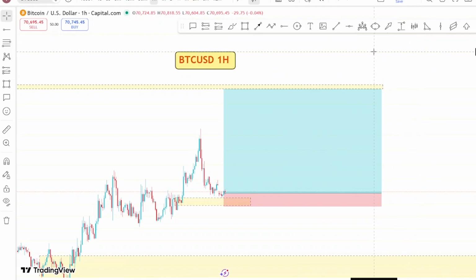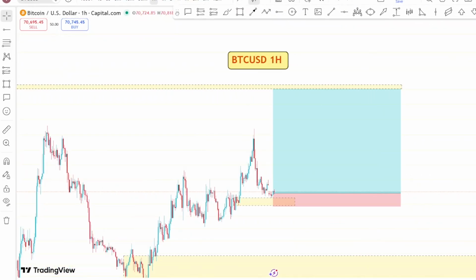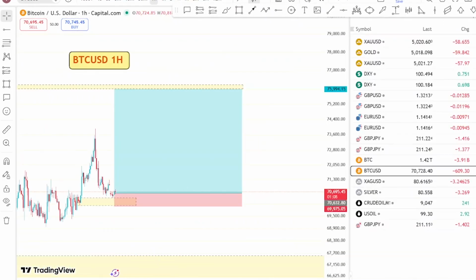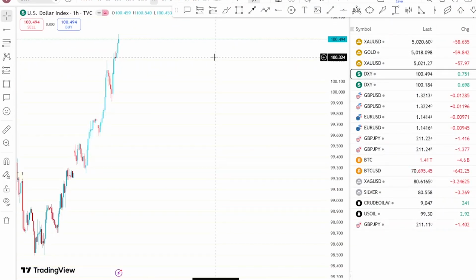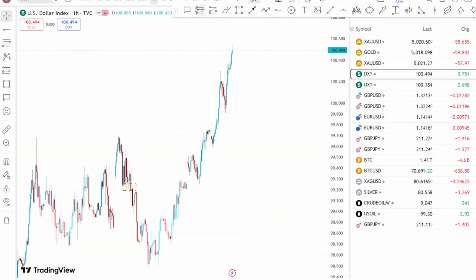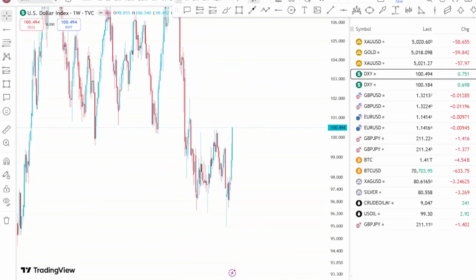All right, so the last one is going to be DXY. Okay, we are still in the uptrend, guys, from DXY. Dollar index, weekly time frame, same scenario.